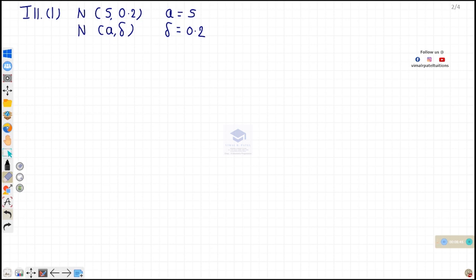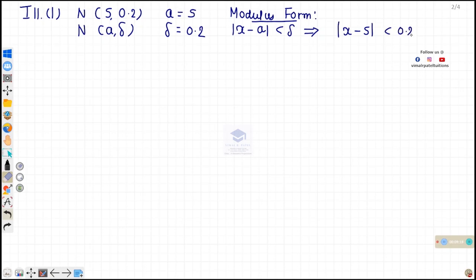Okay, now you have to convert it into modulus form. Modulus form: modulus of x minus a less than delta means modulus of x minus 5 less than 0.2.